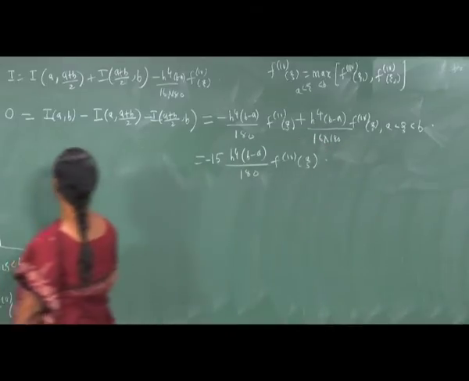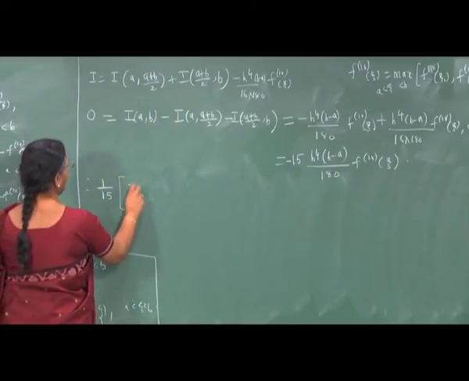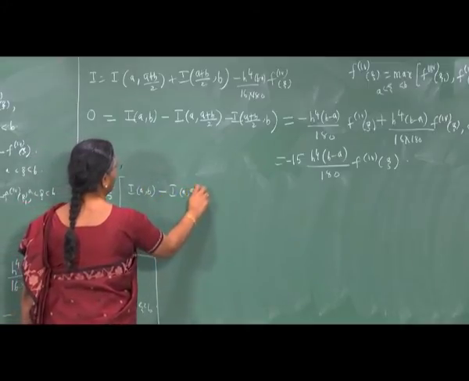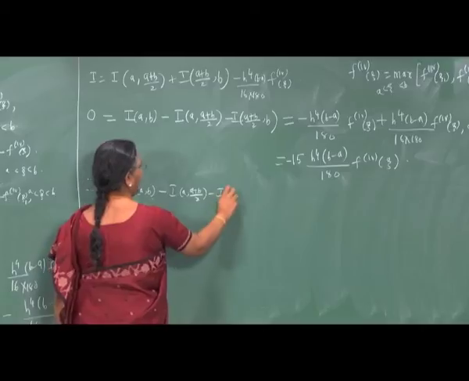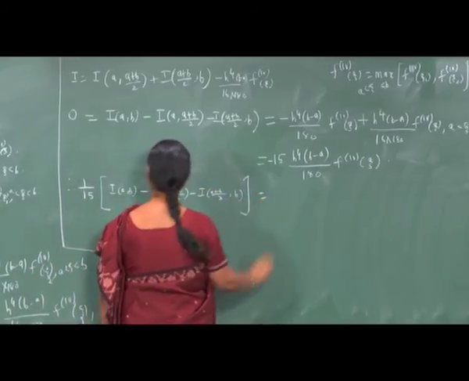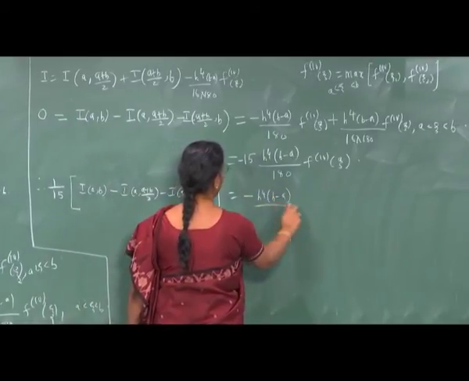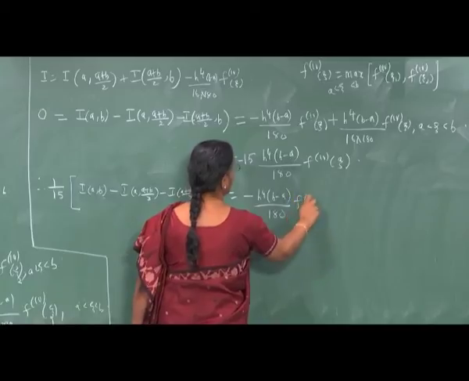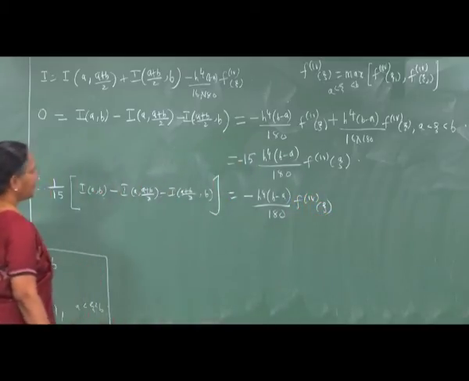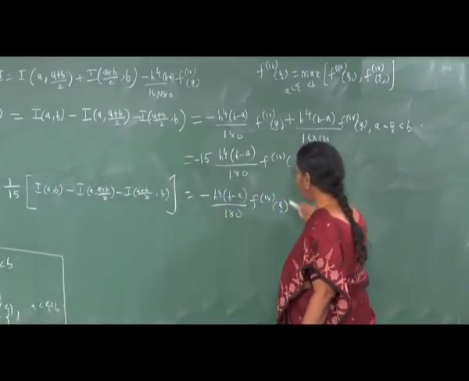or in other words you get 1 by 15 of I of a b minus I of a comma a plus b by 2 minus I of a plus b by 2 comma b is minus h power 4 into b minus a by 180 into fourth derivative at psi. What was this? Do you recall?